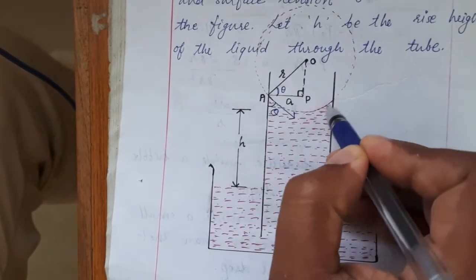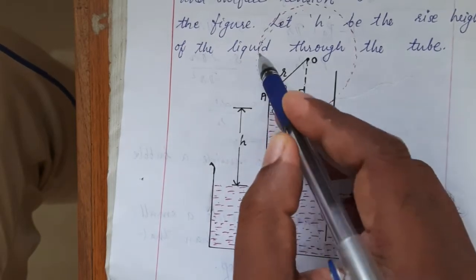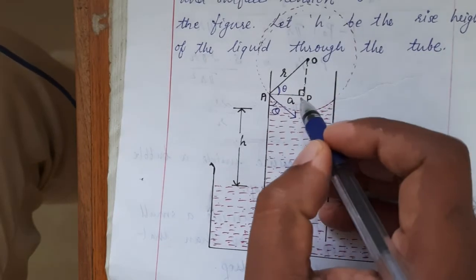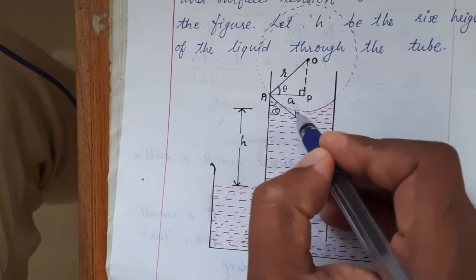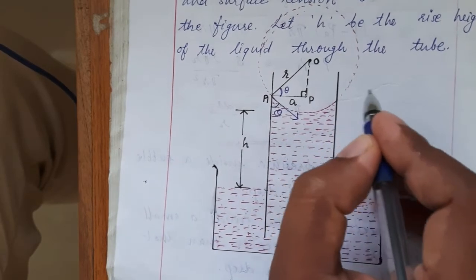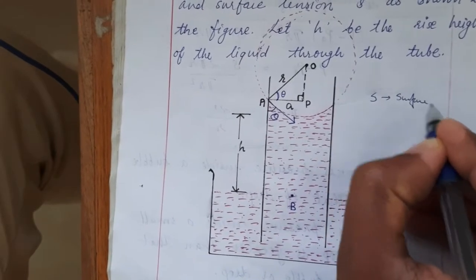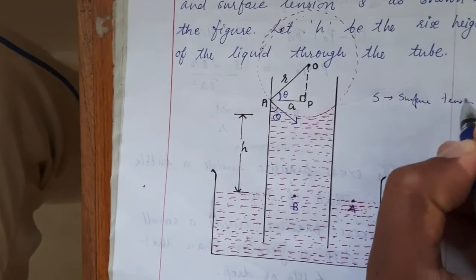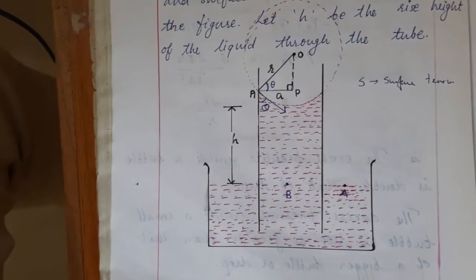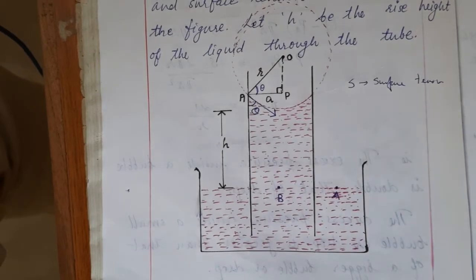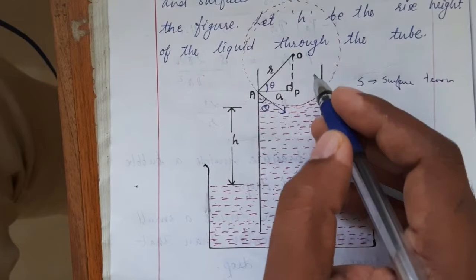That circle has a radius R. This top surface is a part of this drop, and that surface's radius is R. This surface has a surface tension, and that surface tension is S. Now there is a pressure difference.